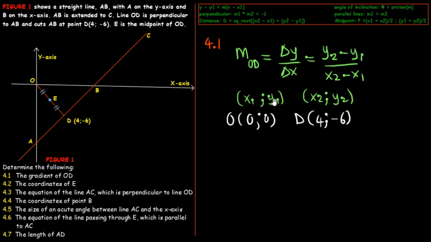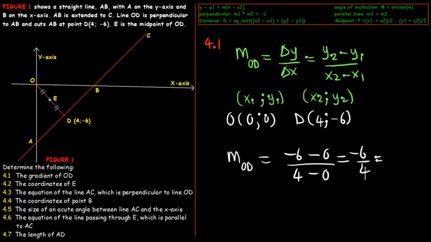Substituting into the formula, our y2 is -6, subtracted by y1, which is 0, divided by our x2, which is 4, minus 0. This gives us -6 over 4, and if we divide by 2 throughout we get -3 over 2, which is our gradient.